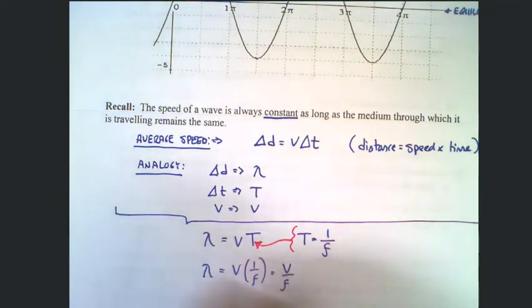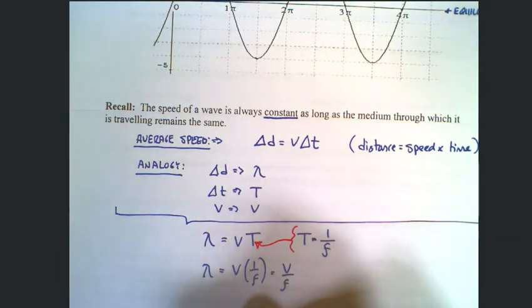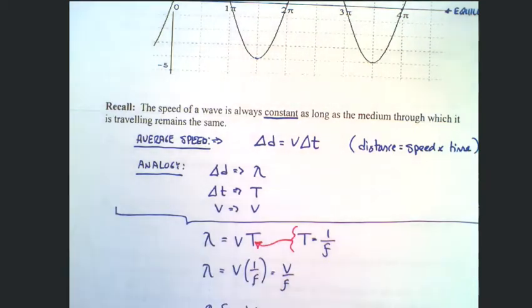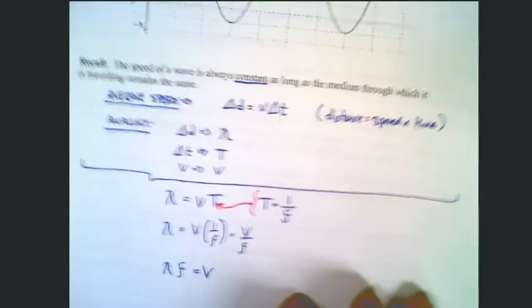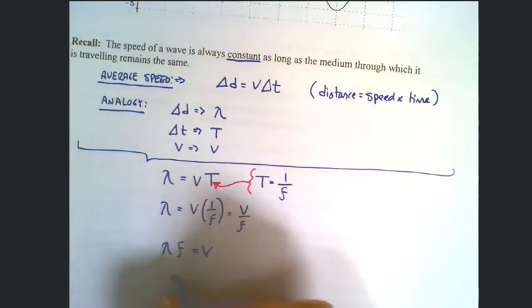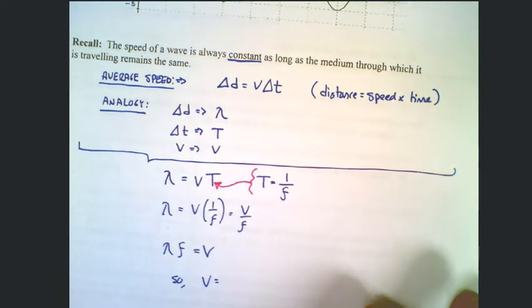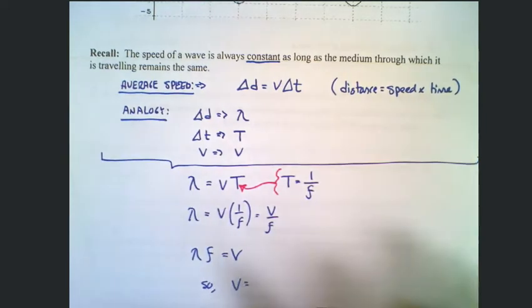If I multiply both sides by f, I get lambda f, like so. And all I do at this point is change the way it looks a little bit. So speed equals, because whether you write 2 times 3 or 3 times 2 for a scalar product, whenever you're multiplying scalars, it doesn't matter.